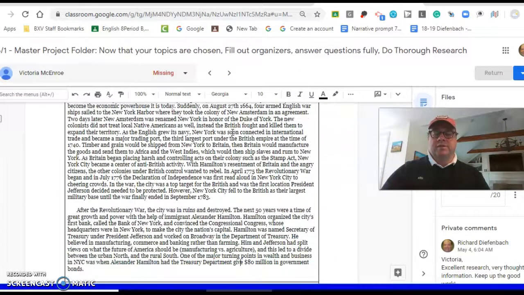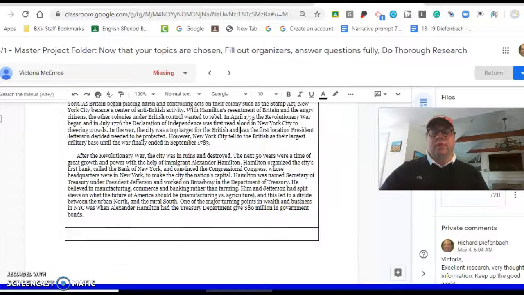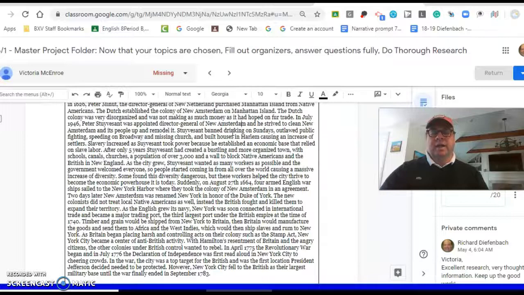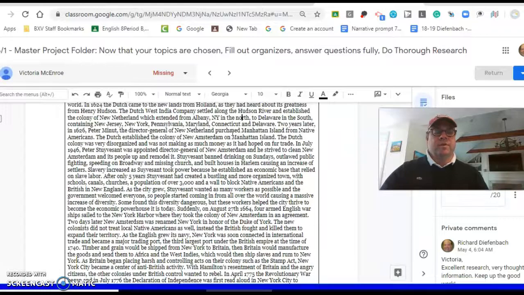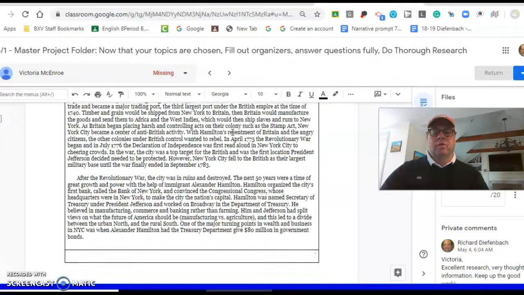So a lot of this information she's putting in here. So make sure that you have at least one full paragraph. You don't have to have as much as she has, but she has a lot of good dense information here, which is awesome. But try to make sure you have at least one strong background that includes a historical perspective of your topic.